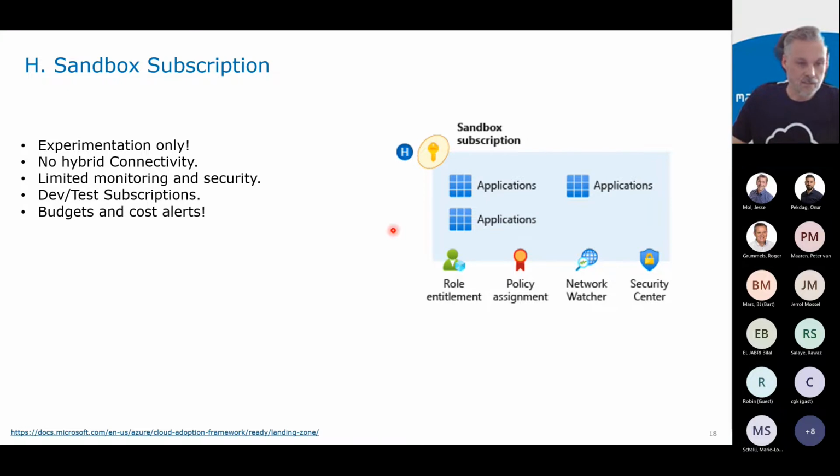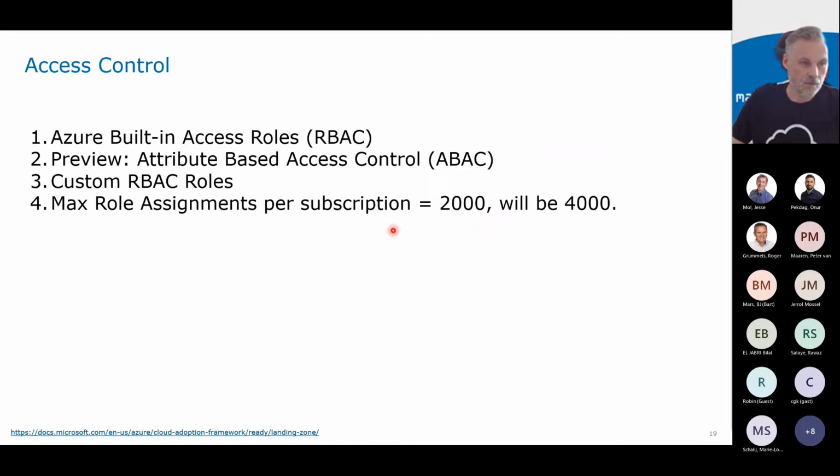Okay, so these are all the building blocks in the enterprise scale landing zone architecture. When you look at access control, which is a very important part, Azure has a lot of built-in access roles, but be very careful about that. For example, if you use the Blob Storage Data Contributor role and you assign that to a storage account, the user has access to the full storage account.